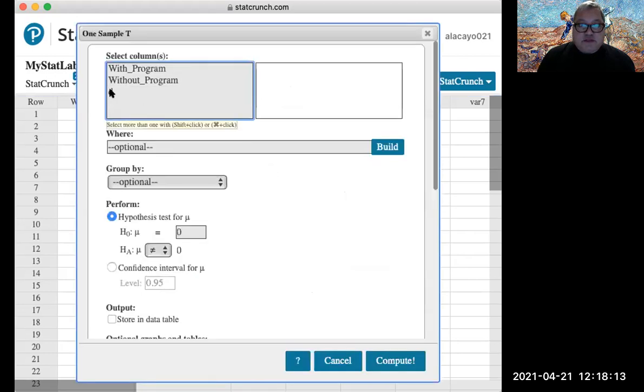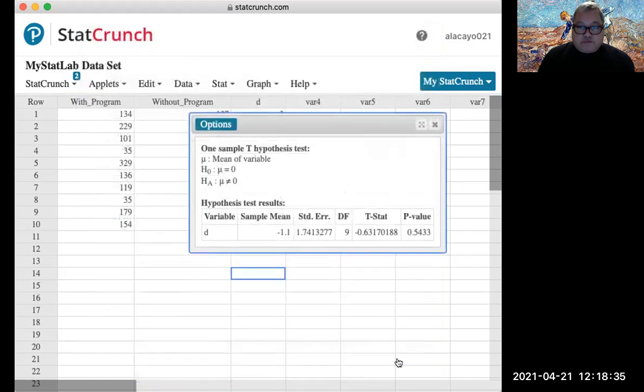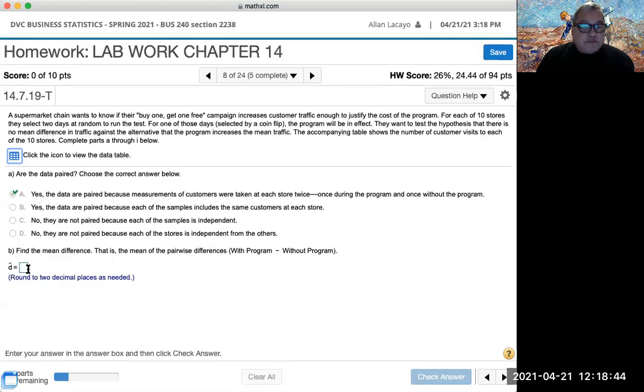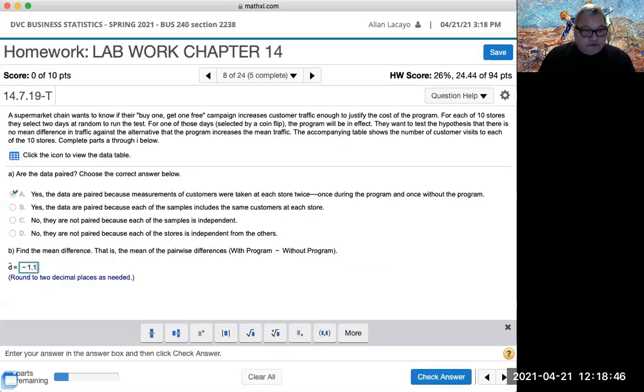And the sample is going to be the data in the column called D. We can test a hypothesis that there's no difference versus that there is a difference, or we can build a confidence interval for the average difference between customer visits to the store with the program versus without it. I decide to run a hypothesis test. I notice that the sample average difference is minus 1.1. So I go back to the problem and put the answer in.